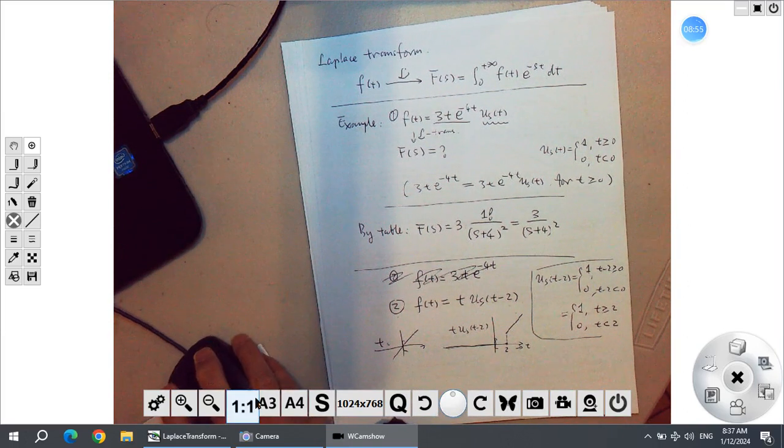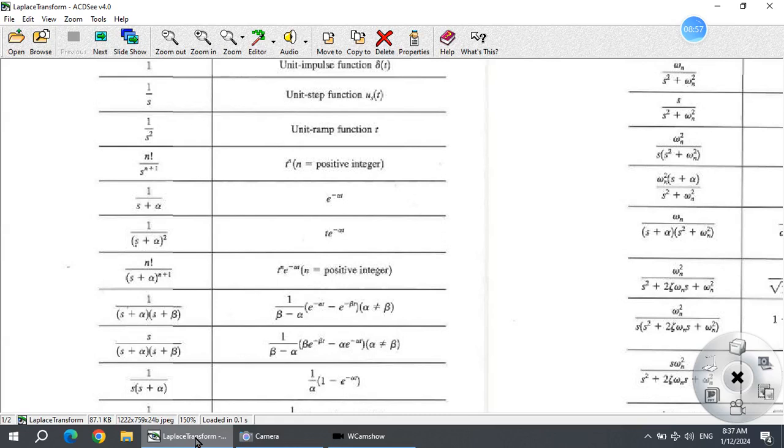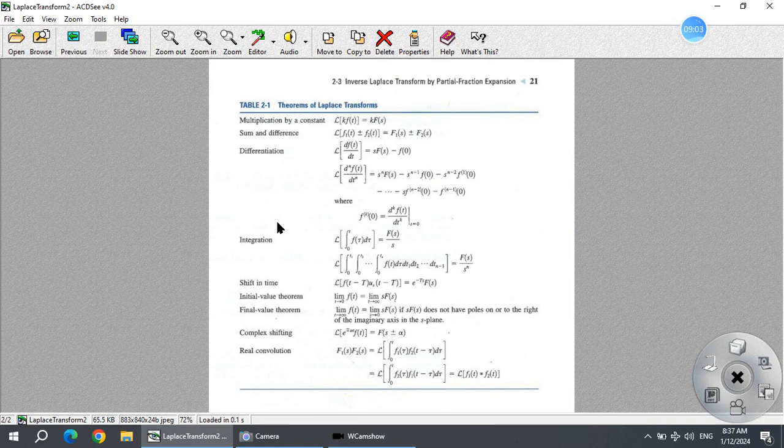So how do we do it? Of course, you can use the definition, but we can also use a table. We have a second table, with one of the properties used just for this case. That is the shift in time.